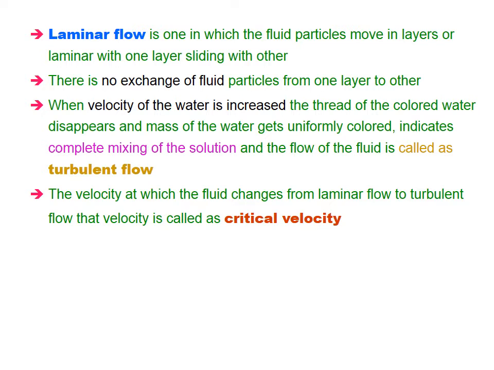What I discussed earlier: laminar flow is one in which the fluid particles move in layers, and it is laminar with one layer sliding over another. That means the particles in the liquid move in layers, and that flow is called laminar flow.